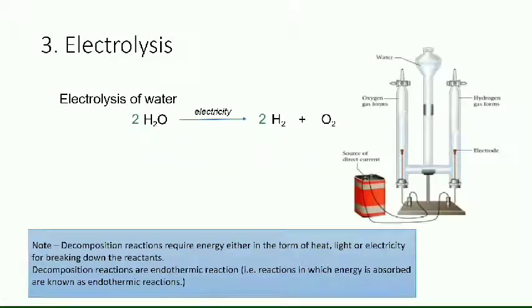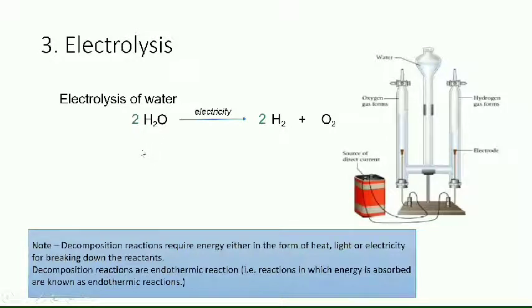The third type of decomposition reaction is electrolysis. Regarding electrolysis, we will talk more in our subsequent chapters, but I will say a little about it here. Electro means electricity and lysis means breaking down. So with the help of electricity, the decomposition reaction takes place.